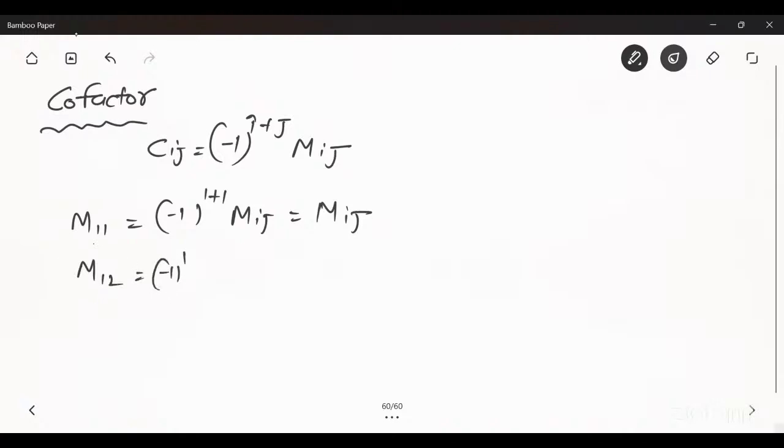Now the second one is M12. So minus 1 to the power 1 plus 2 and Mij. 1 plus 2 is 3. So minus 1 to the power 3 is minus Mij. So M12 means minus of M12.